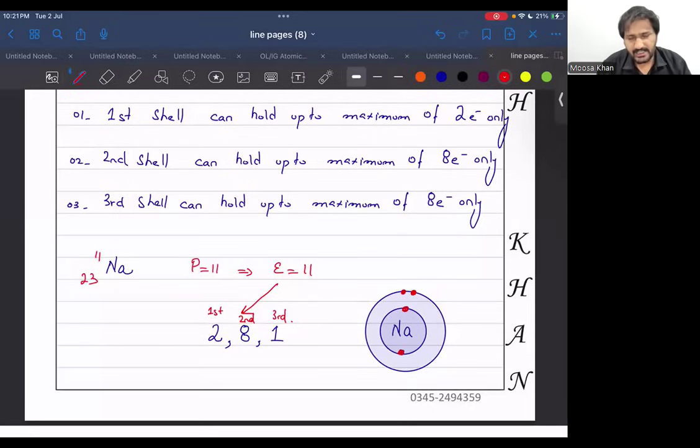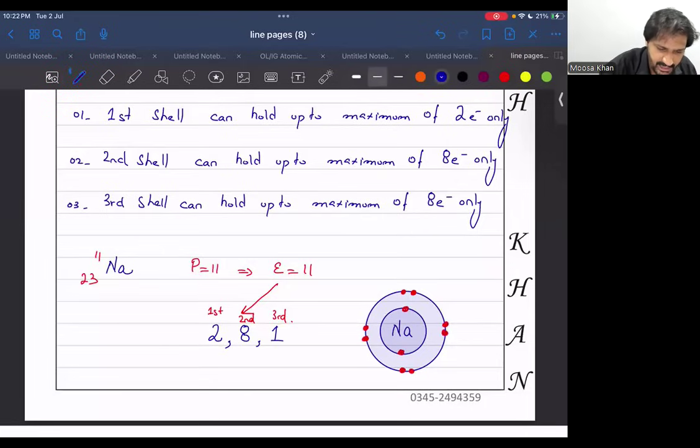Then from the second shell onwards we make pairs of electrons. दो साथ बनाते हैं, 2 electrons together, 2 electrons together. For example, if you have to make 8 electrons in the second shell of the sodium atom, first 2 electrons in a pair, then 2 more in a pair, 1 2 3 4 5 6 7 8.